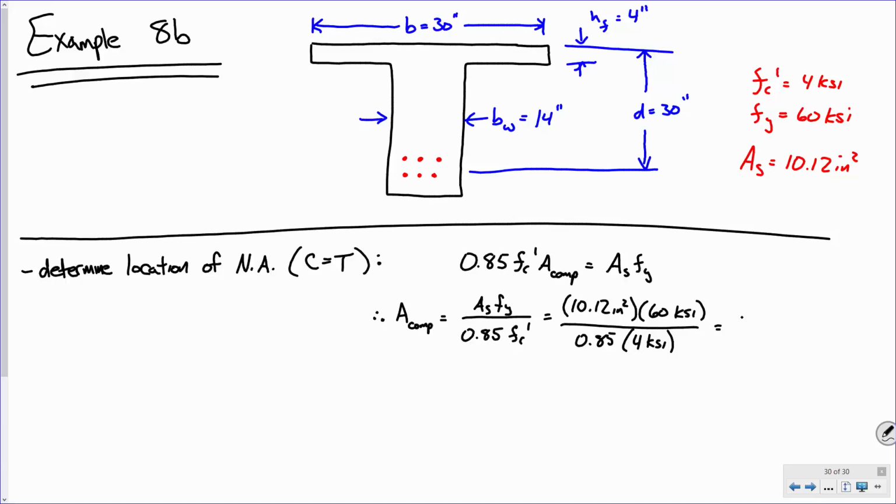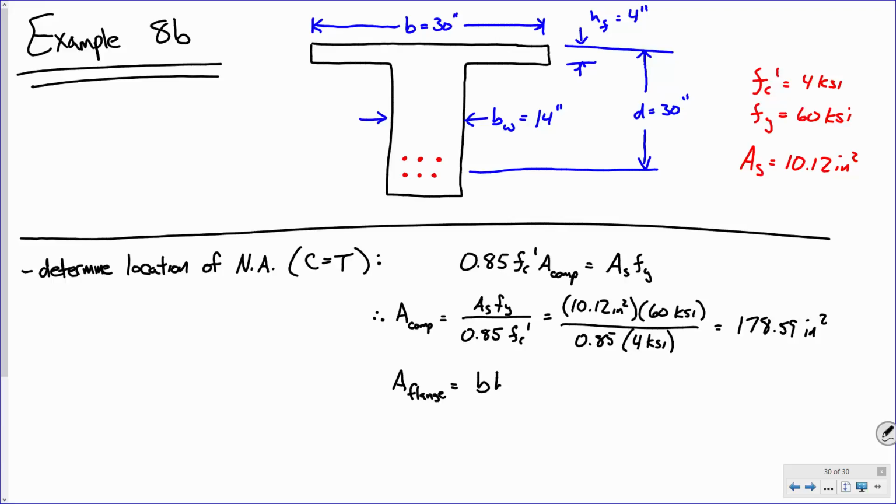All right. Is anybody getting this? Anybody getting that? What? 178.59, something about like that. Now, what is the area of the flange? There we go.